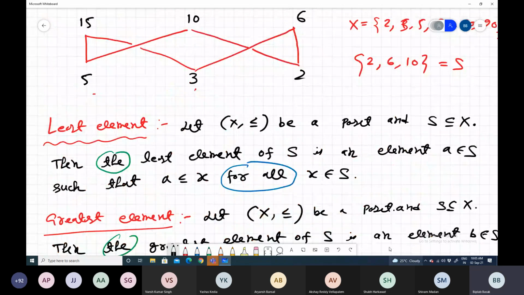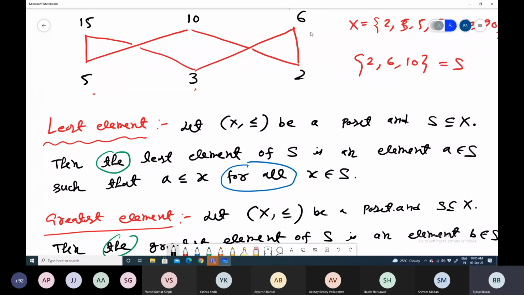For example, if you look at this, this is 2, there is no element less than 2. So therefore 2 is a minimal element. Similarly, 3 is a minimal element. Similarly, 5 is a minimal element.